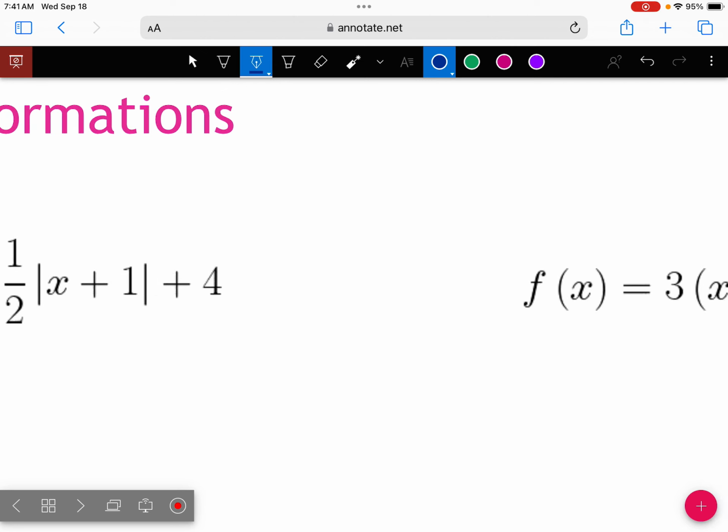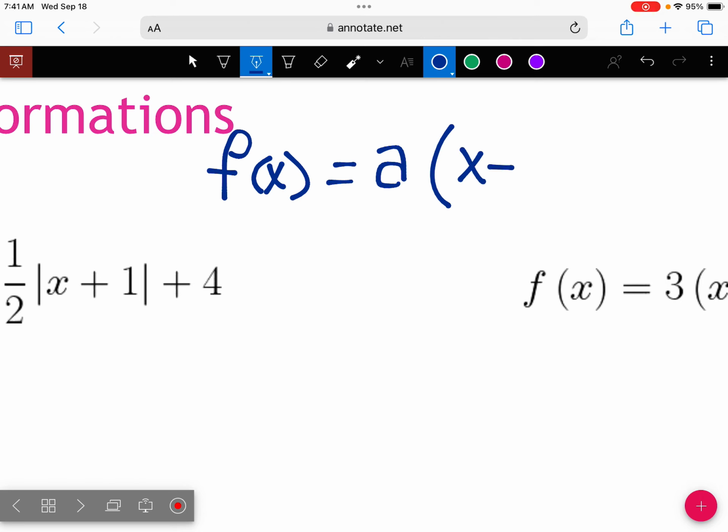I'm going to put our generalized form at the top that we wrote on the last page. That was our f of x equals our A times whatever our special piece is, x minus h, plus k.